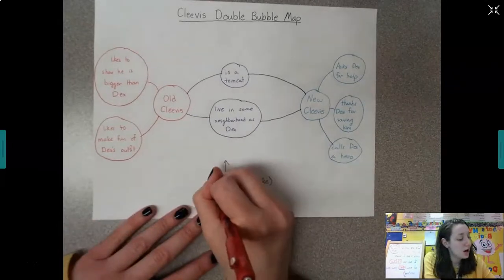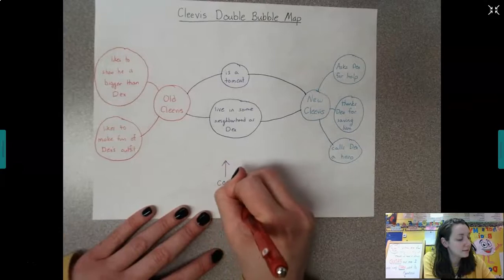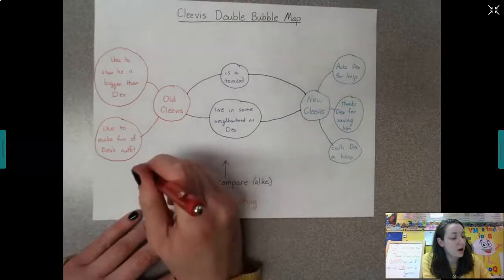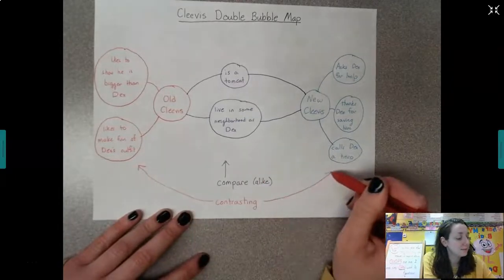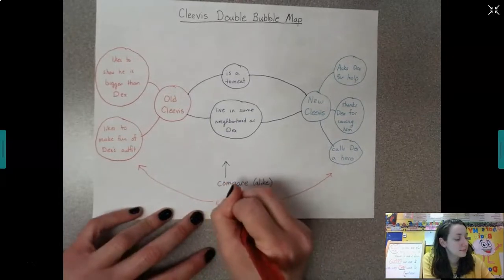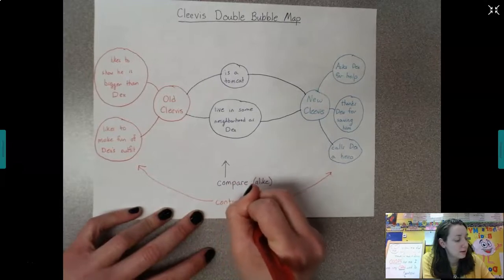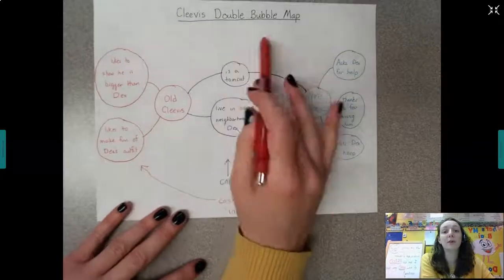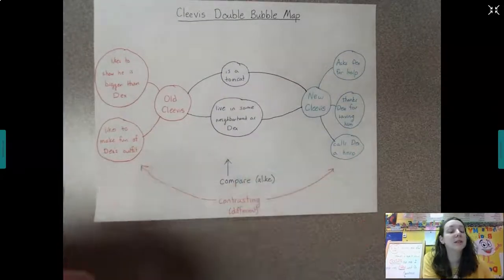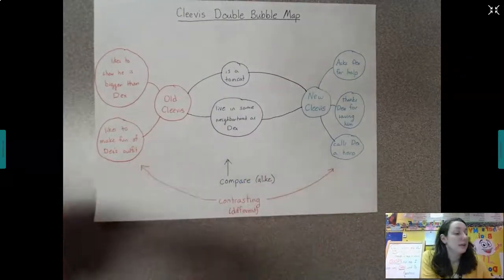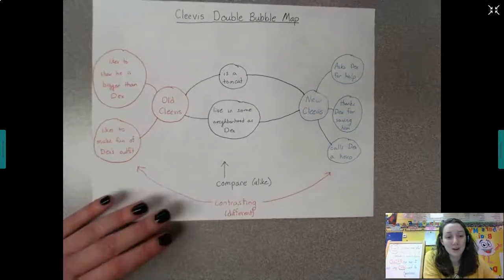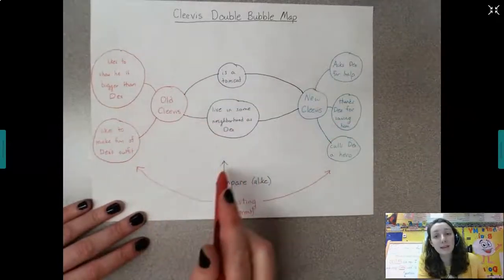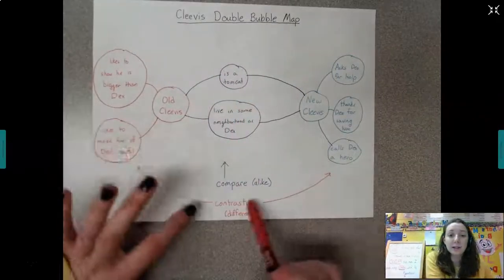And contrasting is how they are different. So when you compare and contrast, you talk about both. And that's exactly what we do with a double bubble map. So it's not new for you. This isn't a new concept. It's just another review that we're working on as we get to near the end of the year. So comparing is how they're alike, that's that middle part, and then contrasting is how they're different, and those are the outside pieces.